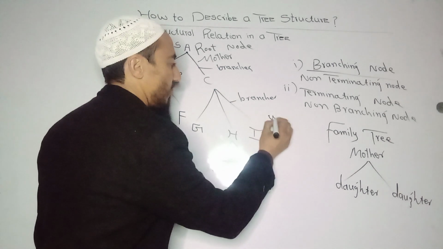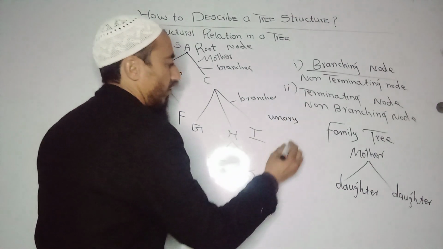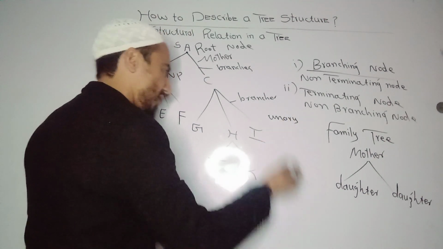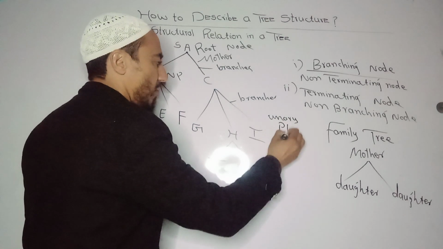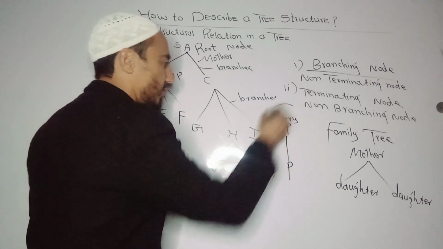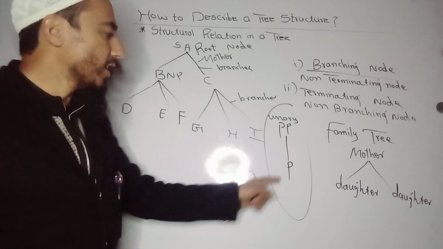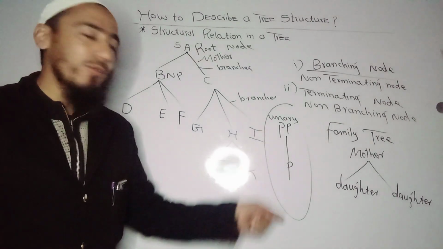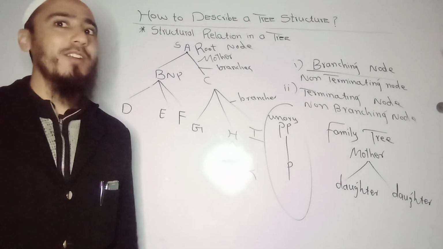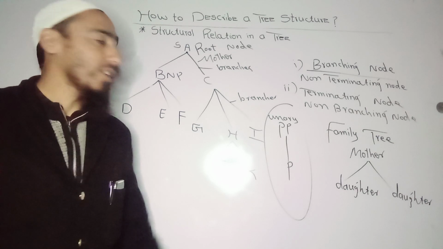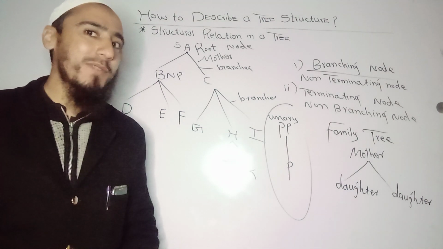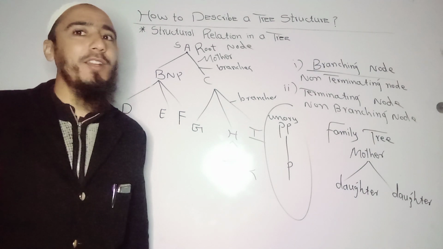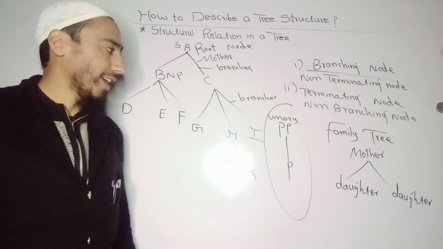For example, if I say PP and it has here just one node, then we call it a unary node. But a node which has 2 branches, we call it a binary node.